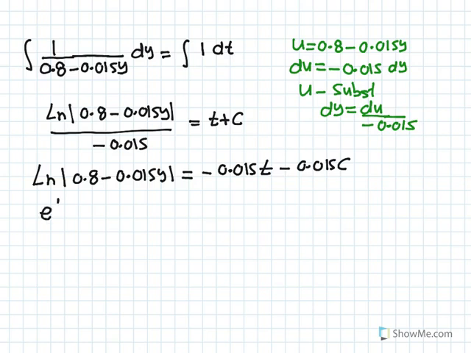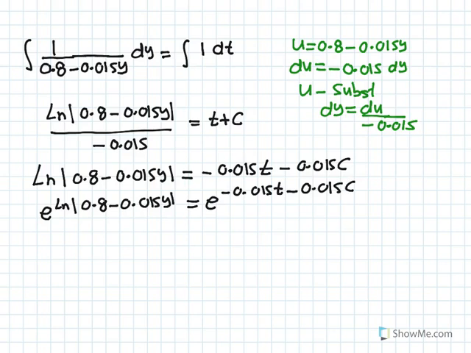So we have e to the ln of 0.8 minus 0.015y is equal to e to the power of negative 0.015t minus 0.015c. Let's put all of this in brackets. Now we can use the exponential law and simplify this, and so we get e to the minus 0.015t times e to the negative 0.015c.